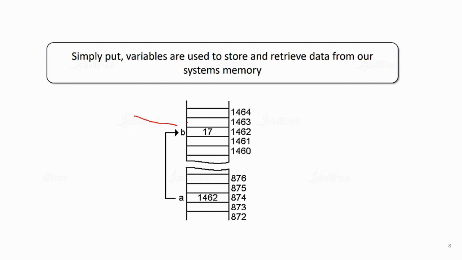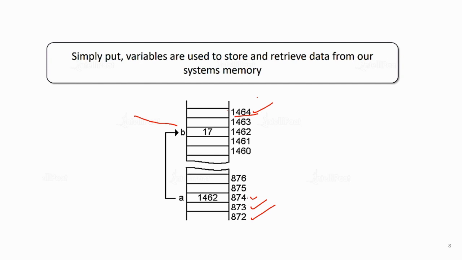See, usually we will have the memory. These are the memory locations. It starts from here, 872, then 873, 874, up to say 1464. What are memory locations? In our computer system we will have the memory, and we will have a memory address for each location.